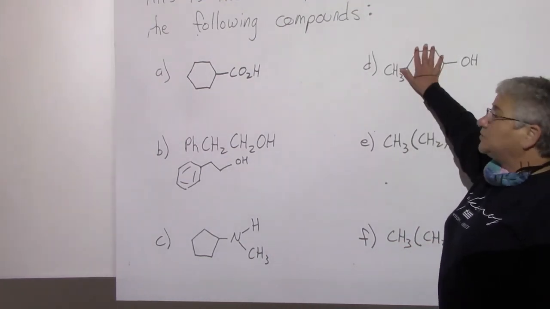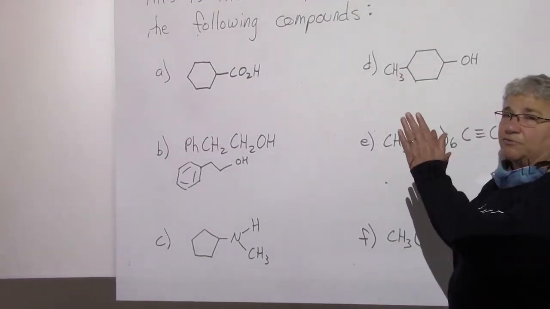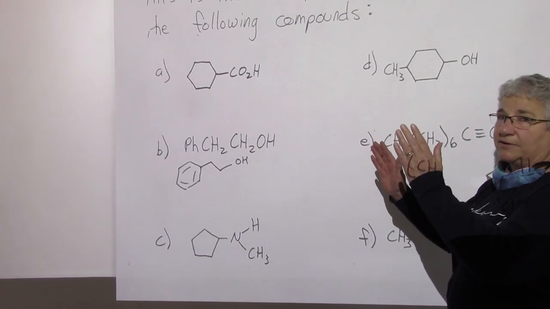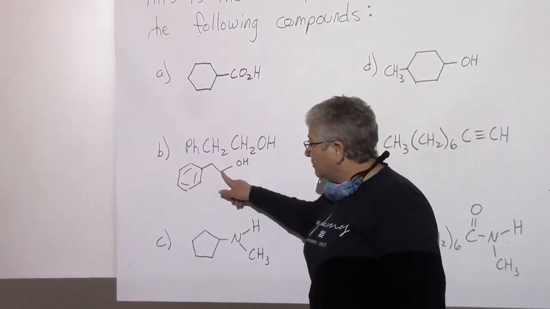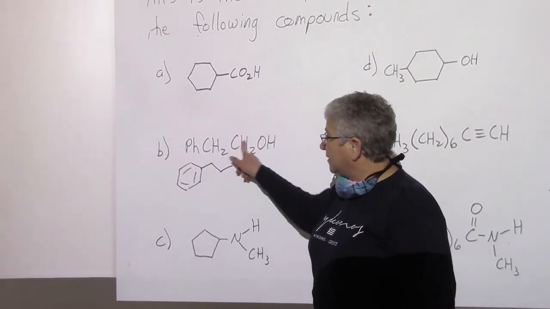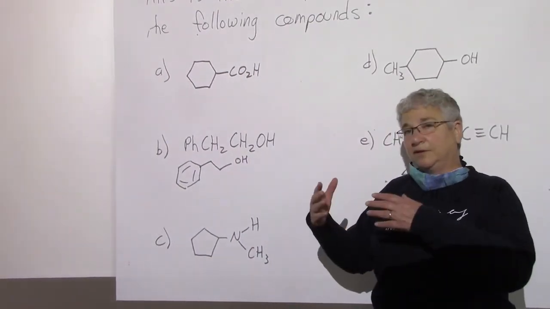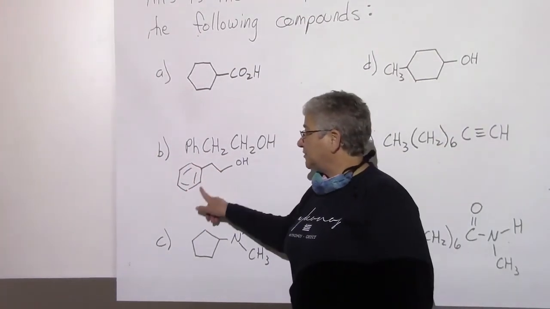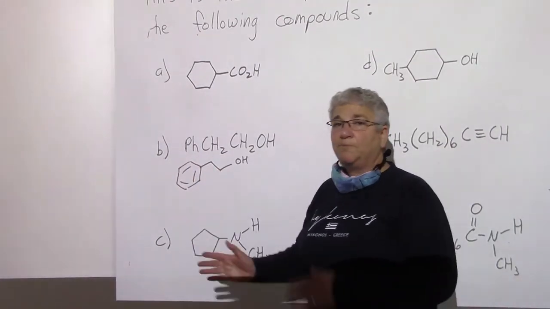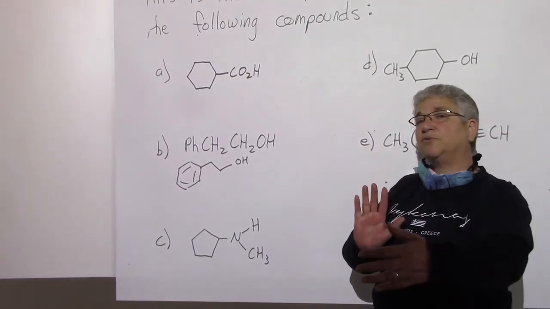So all of these stretches should be between 3000 and 2800. If I have this molecule, these hydrogens would be between 3000 and 2800. But these hydrogens would be 3000 to 3100.